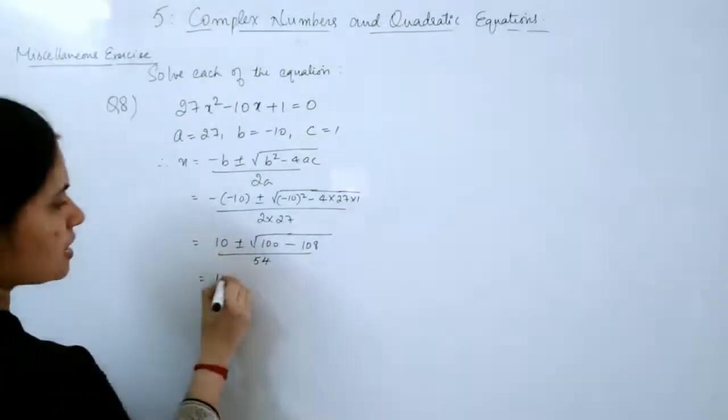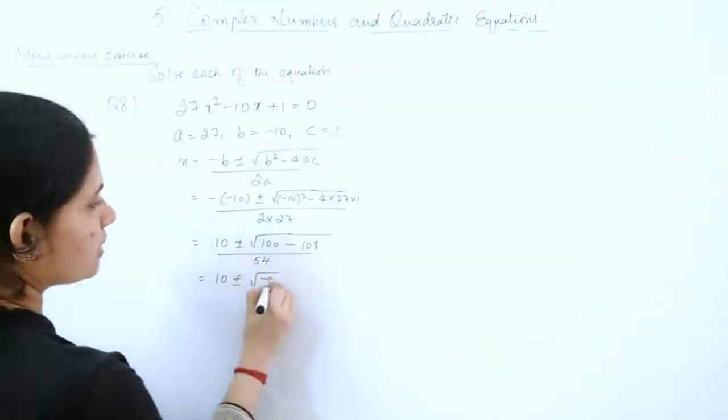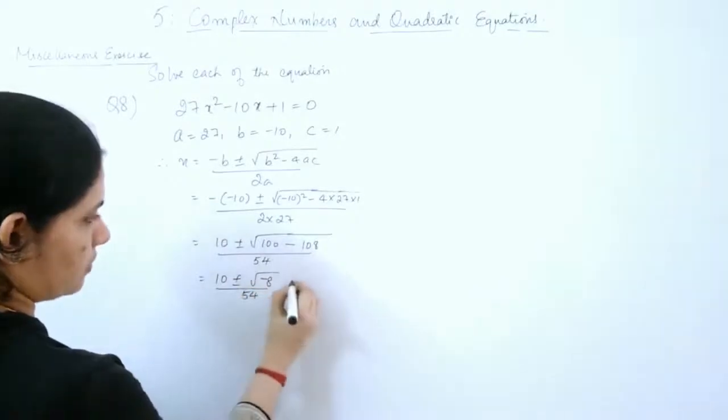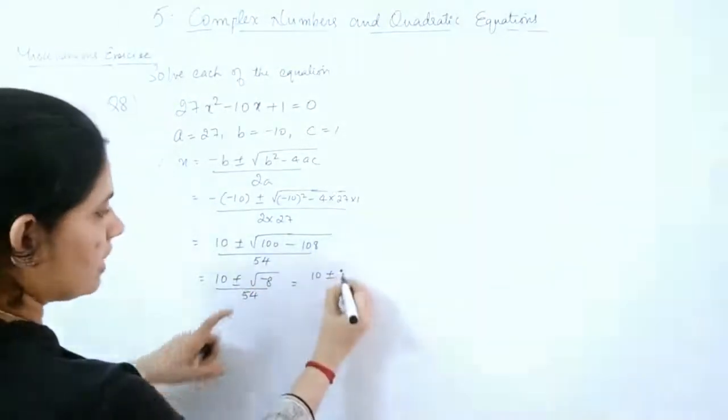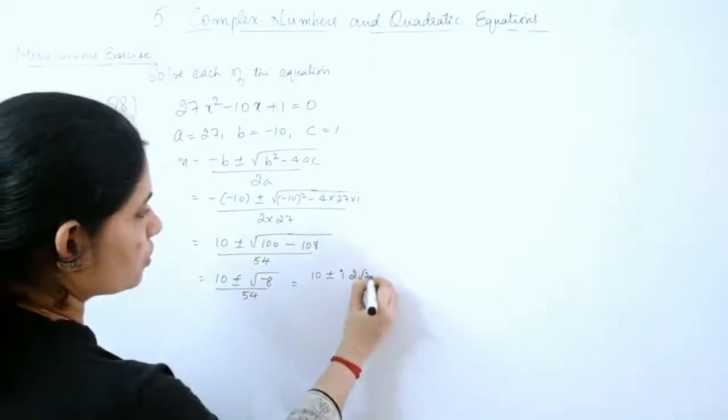That is, you are getting 10 plus or minus root of minus 8 divided by 54.